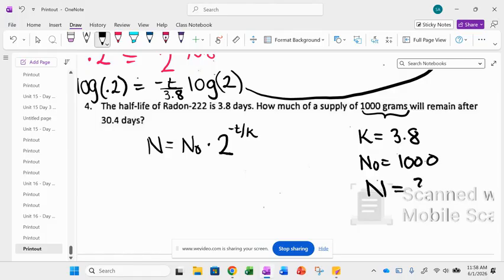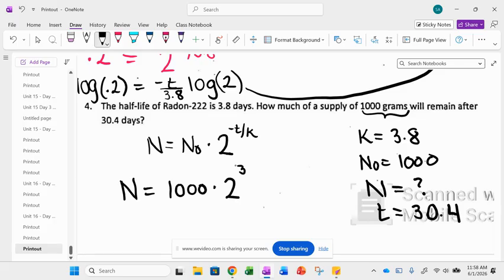N. After 30.4 days, so do we agree that T is 30.4? Okay, so now we're going to plug in. N is what we're solving for. N sub 0 is 1,000 times 2 raised to the negative 30.4 over 3.8.